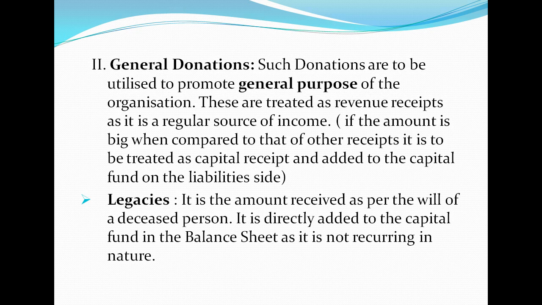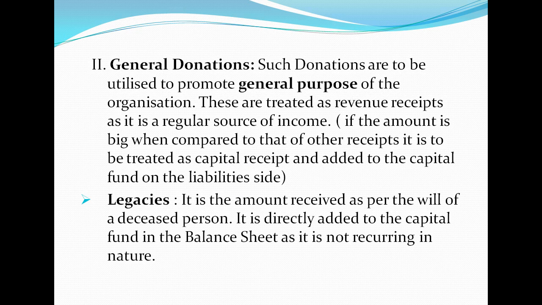If the amount is big when compared to the other receipts, it is to be treated as a capital receipt and added to the capital fund on the liability side. When compared to other types of receipts for a particular organization, if the amount is small, then it will generally be treated as a revenue receipt and it should be shown as an income in the income and expenditure account.